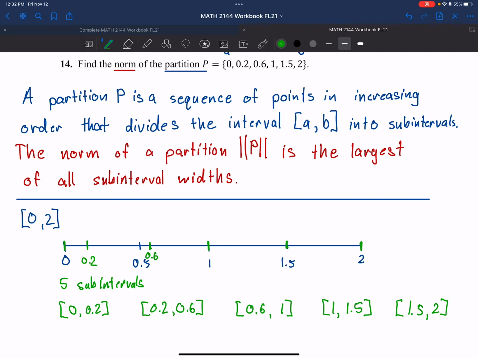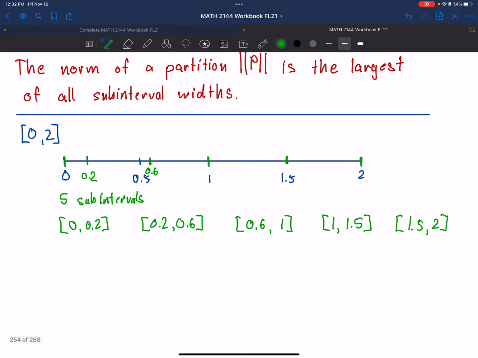These are the widths. Again, this is one-dimensional. If you were thinking about area, these would be the widths of our rectangles. To figure out the width, it's a matter of doing B minus A. Actually, I don't want to use B minus A because that's already an abuse of notation.